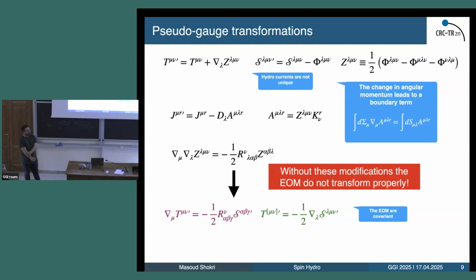So basically you are asking whether there is an experiment. If you can do that experiment in the torsionless background, it means that you can measure the pseudo-gauge.